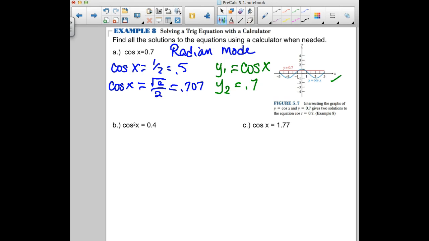That would be our pink horizontal line in our picture here. And we're looking for where they intersect. So go ahead and graph it and then find the intersection point. There are two of them. There is one that is in a positive section right here, and there's one that would be a negative value right there. So go ahead and pause the recording and do your calculator intersect.